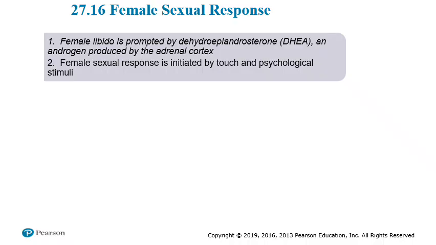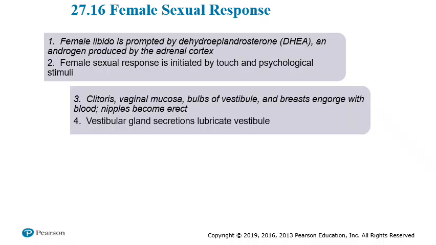So if the female is worried and under stress and is not relaxed, then the female will not be aroused. The clitoris, the vaginal mucosa, the bulb of the vestibule, and the breasts would engorge with blood, and the nipples will become erect as part of the sexual arousal.